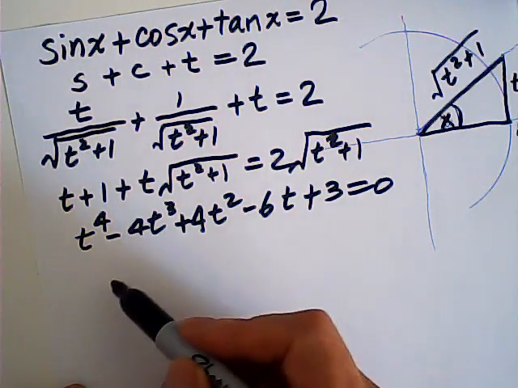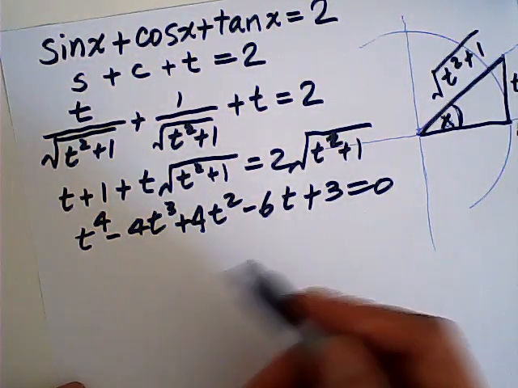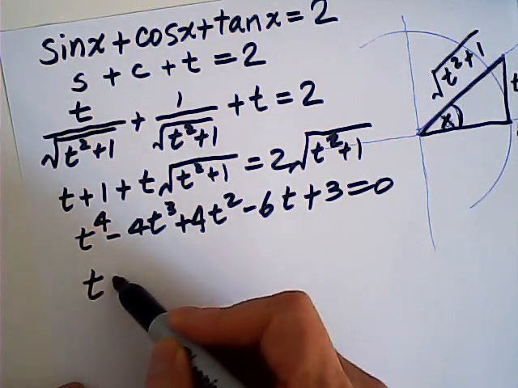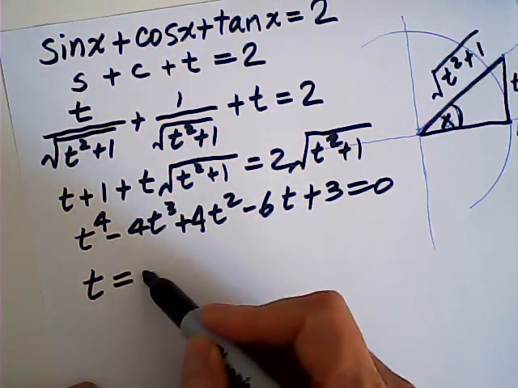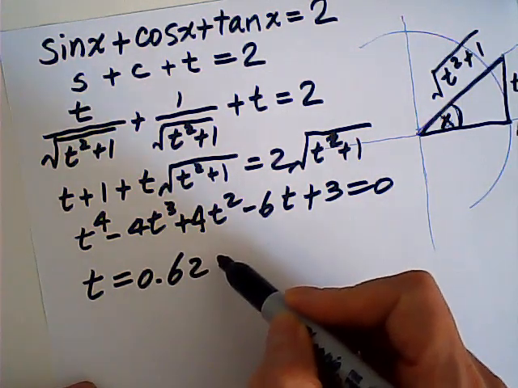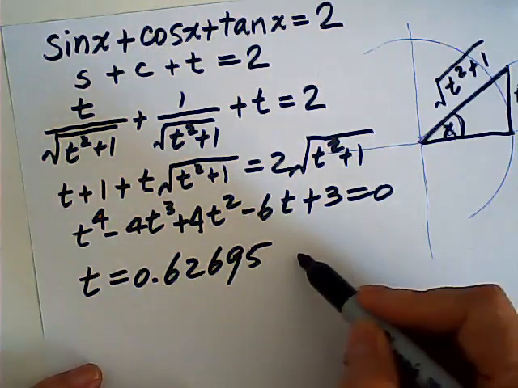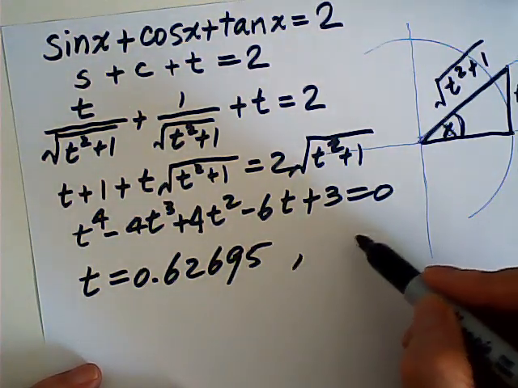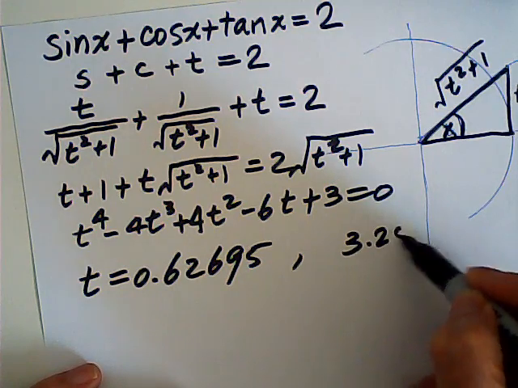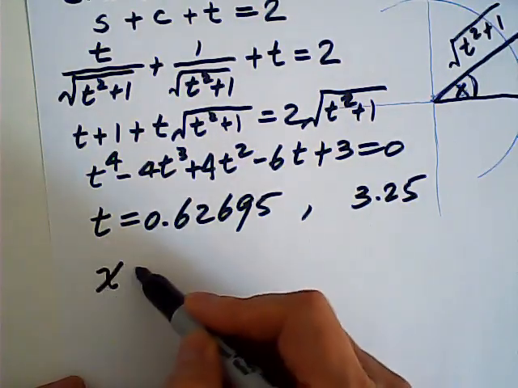Well, some way we can find the solutions. T is equal to 0.62695, and the other one is 3.25. Now from this we can find x, right?